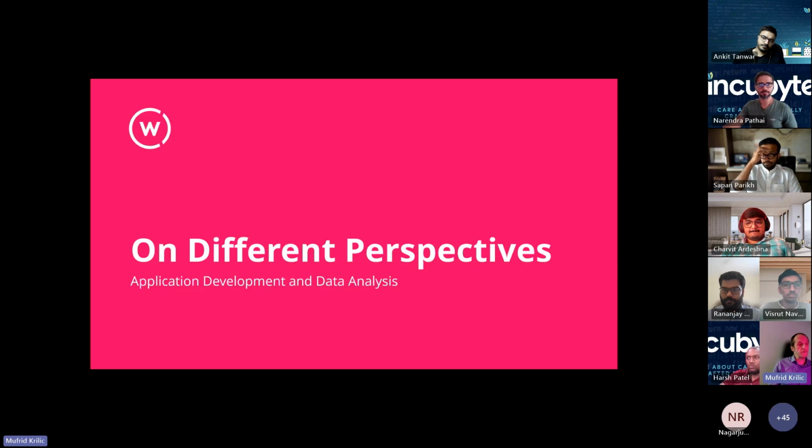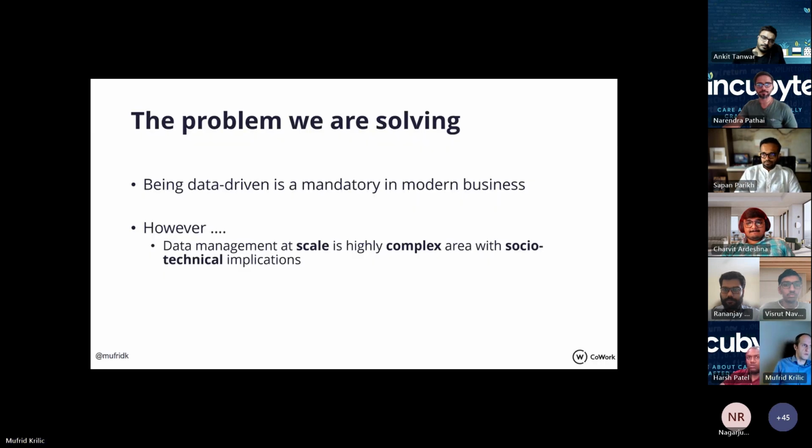Well, let's start first with the problem we are trying to solve. Now, everybody wants to be data-driven today. That's kind of mandatory. If you're not exploiting your data, if you're not utilizing it, if you're not using it to drive decisions in the business, you're lagging behind. So everybody needs to be data driven.